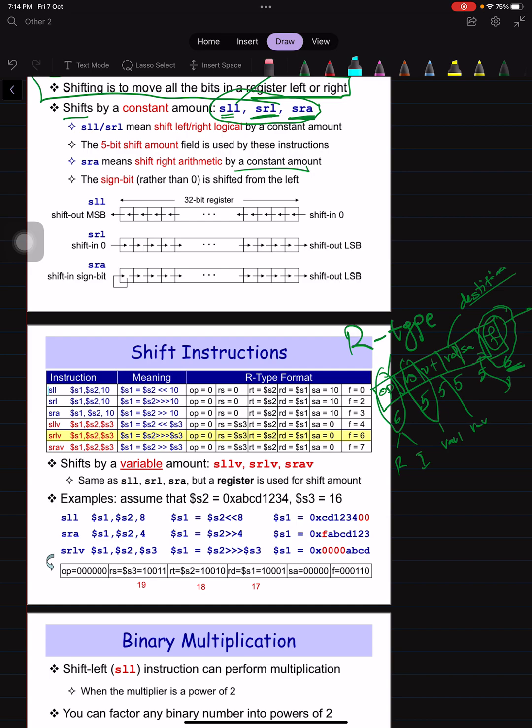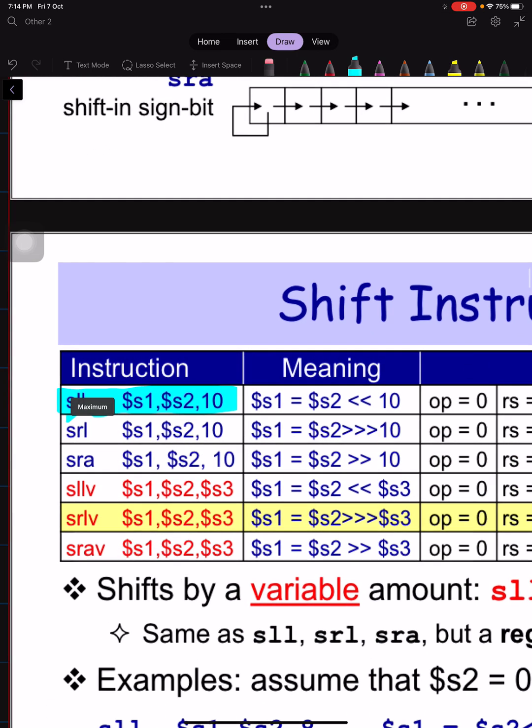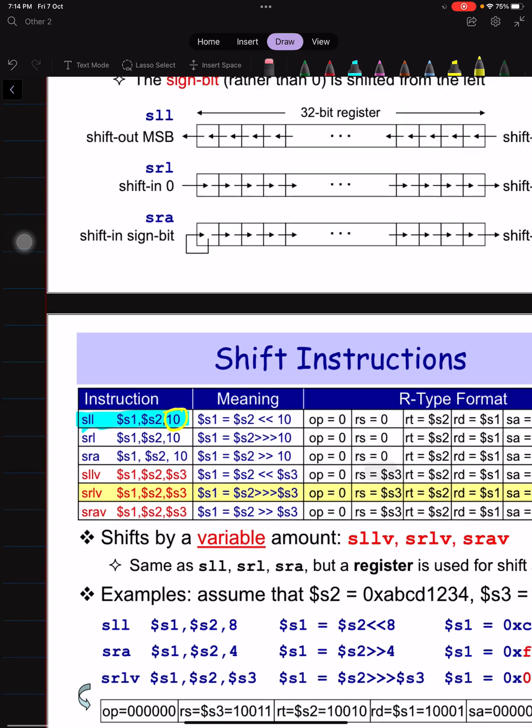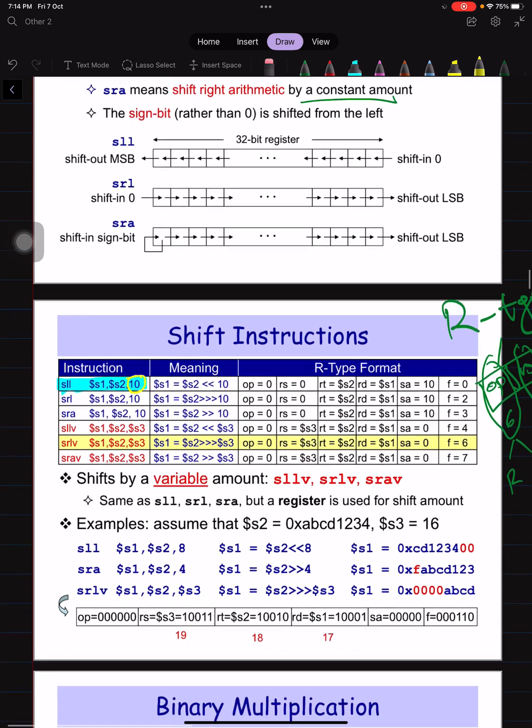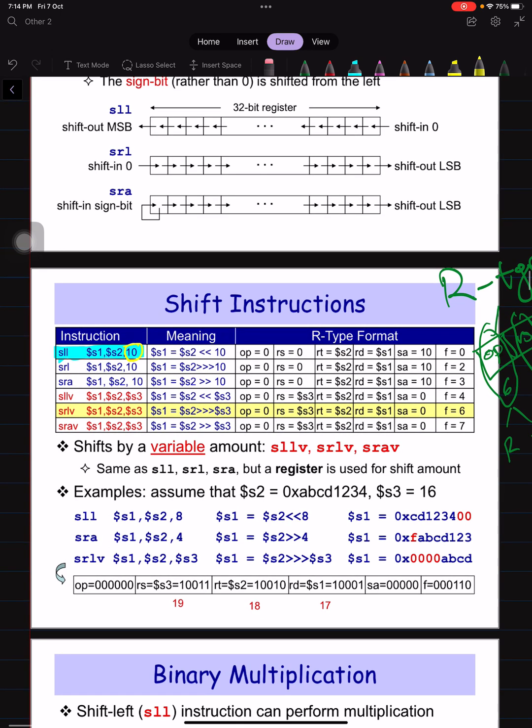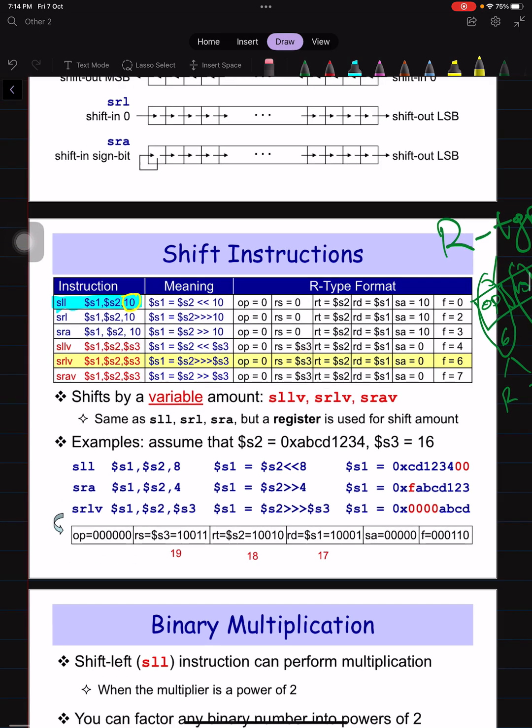For SLL, shift left logical, I do a shift to the left. Of course, what he's doing here is actually shifting left 10, meaning 10 bits. Okay, he's shifting 10 bits, and so on and so forth. We will see whether it is really 6 bits or what exactly it is. Let's go into it, let's take an example here and understand.